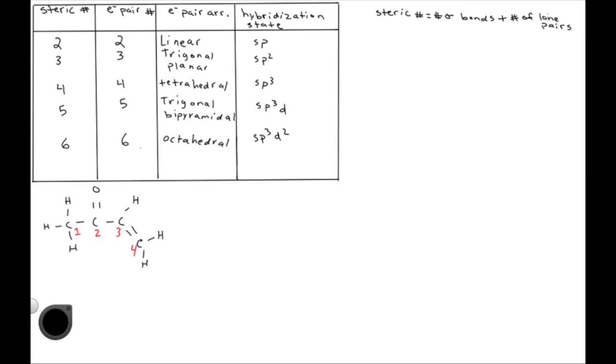Since every single bond is a sigma bond, the steric number is going to be equal to 4 plus 0, which is 4, because there are no lone pairs in carbon 1. On the other hand, pi bonds usually only occur in double and triple bonds. So for carbon 1, we have a steric number of 4.